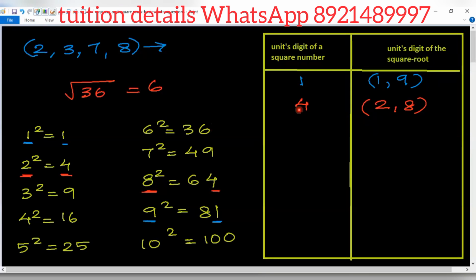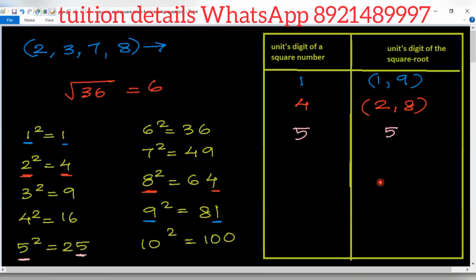So if the units digit of a square number is 4, the units digit of the square root can be 8 or 2. Next comes 5, right? If the last digit of a square number is 5, the units digit of the square root should also be 5. That is the only possibility.